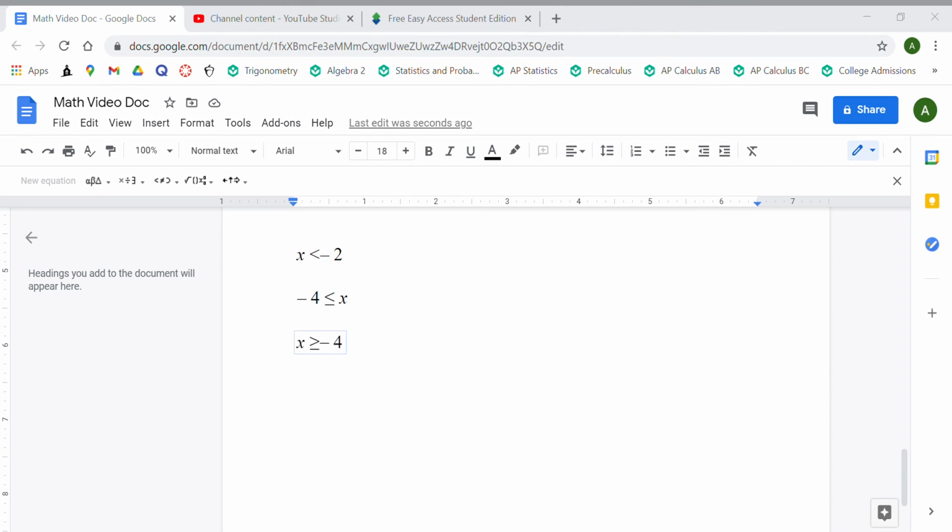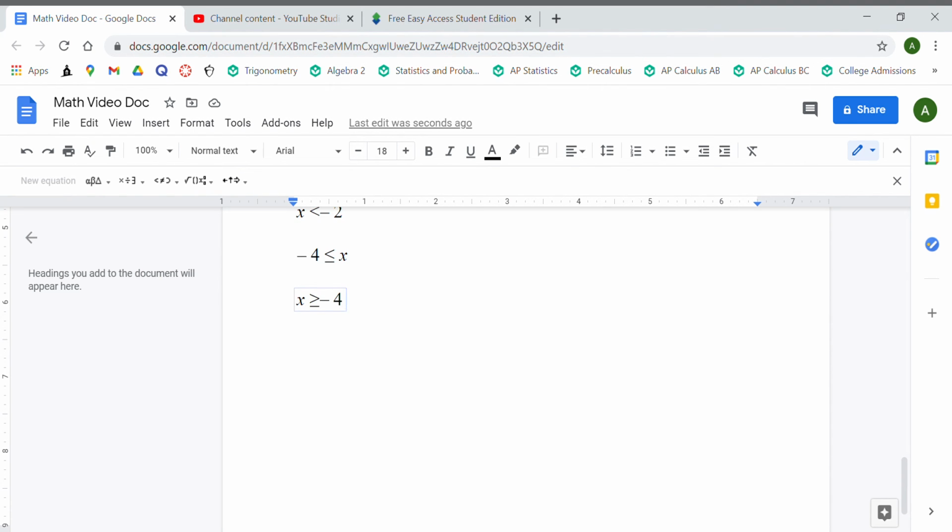Bear with me with my rough drawings, guys, sorry. Then we shade to the right. And that's it, guys. That's how we graph inequalities.